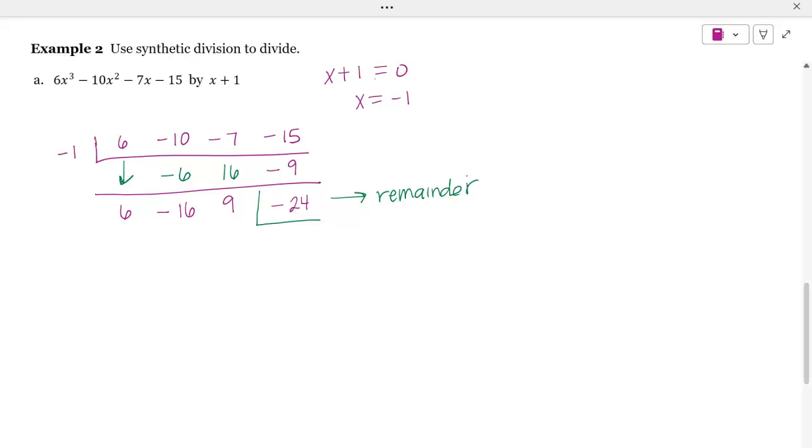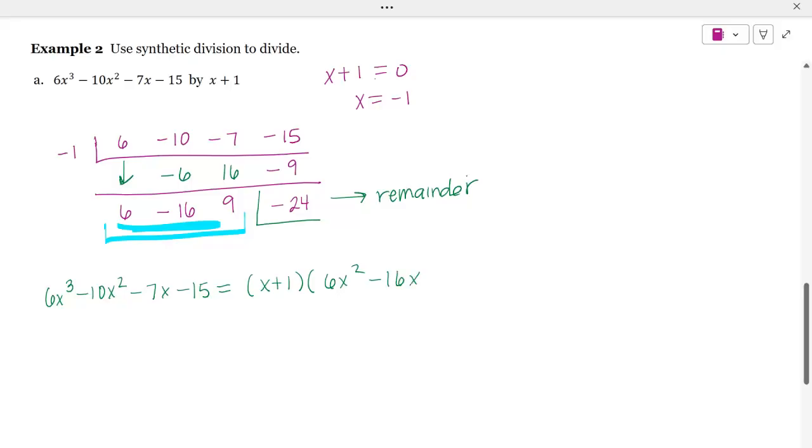And what's sitting over here is a polynomial that's 1 degree less. We started with something that was to the third power, so our answer here is going to be something to the second power. So writing our original polynomial, 6x cubed minus 10x squared minus 7x minus 15, this is going to be x plus 1, what we divided by, times 6x squared minus 16x plus 9.